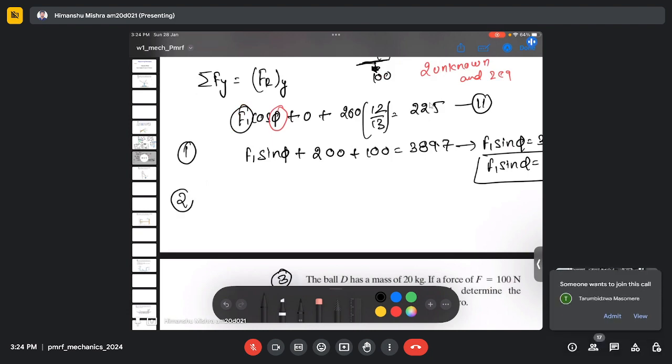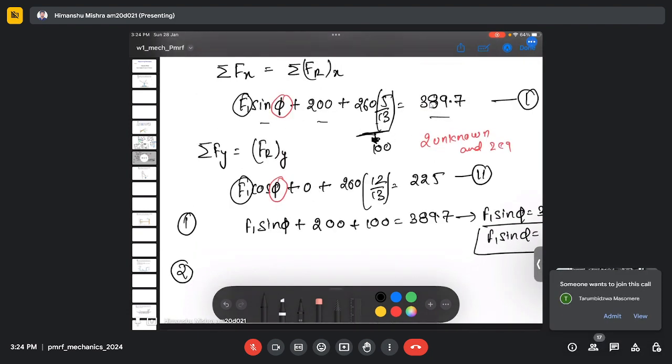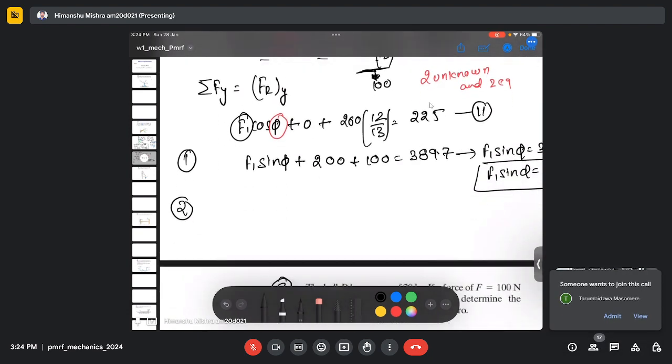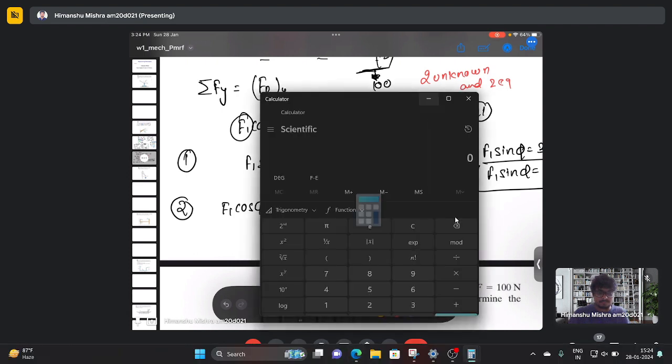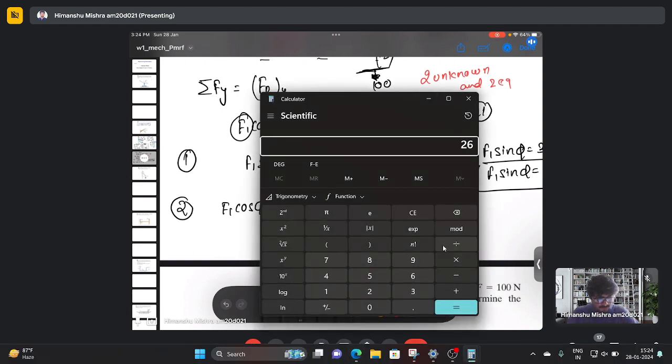Now I take equation number 2 here, and I will get F1 cos phi equals 225 minus 260 times 12 by 13.